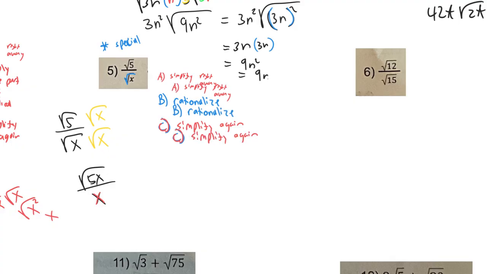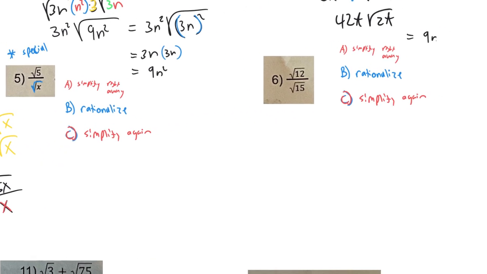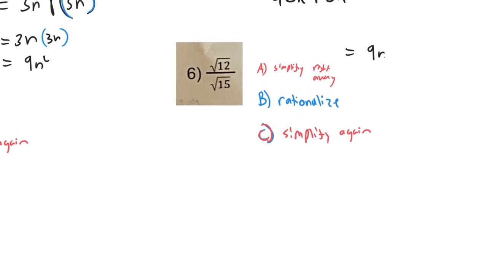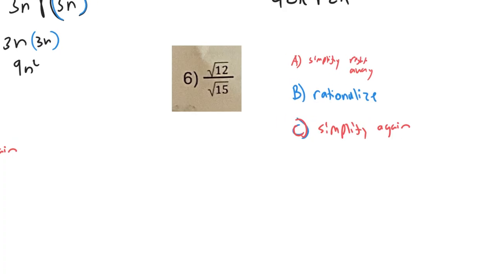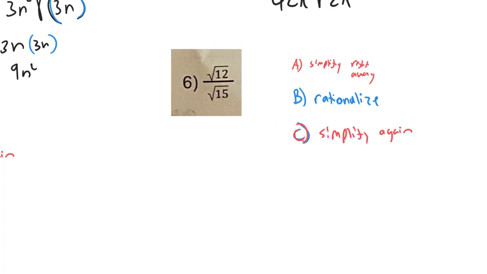Then we have this. Bringing the rules over to this one. Simplify right away. Okay, can we do that? Well, actually, yes, because that 12 up top is 2 times 6, and then that's 2 times 3, and you have that.